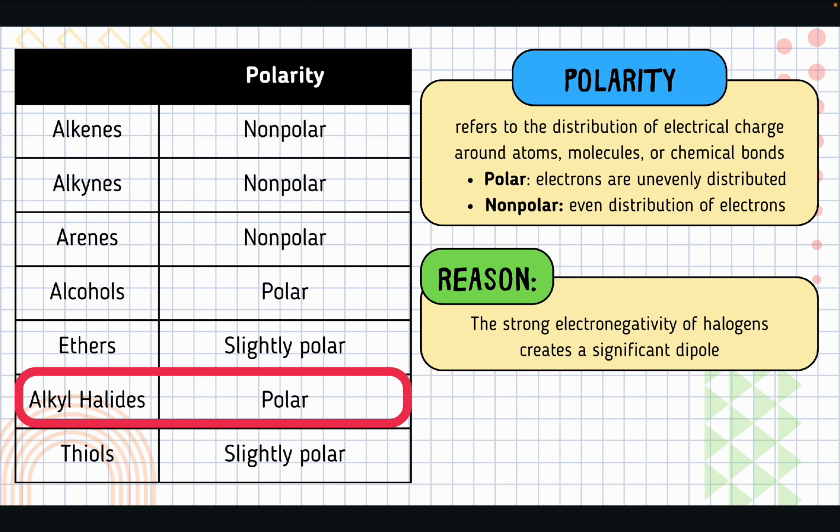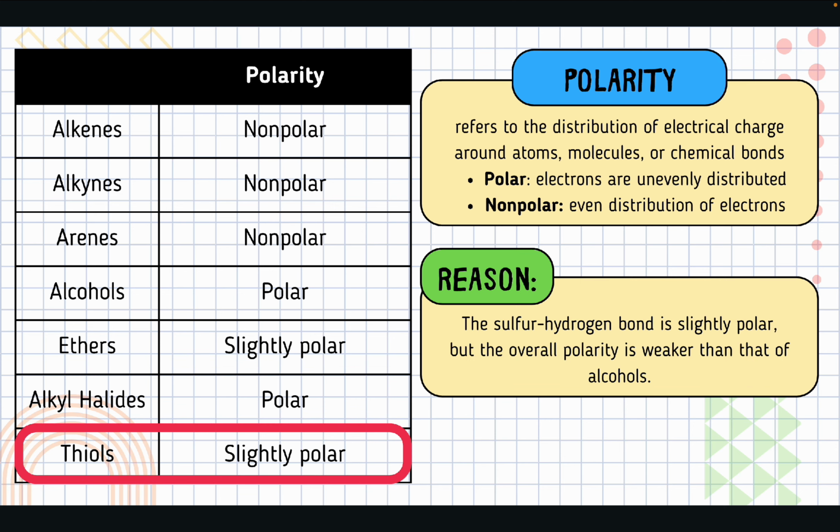For alkyl halides, these are polar. Remember halogens are fluorine, chlorine, bromine, iodine. They are much more electronegative than carbon, so this creates a strong dipole when they are bonded to a carbon atom. The halogen pulls electron density toward itself, making the carbon partially positive.